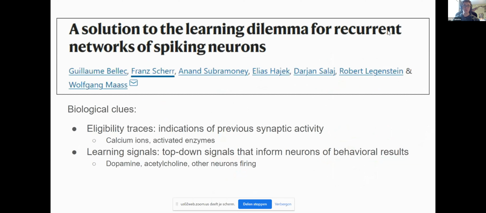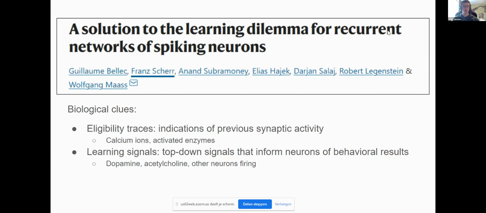Next slide, please. So one solution we found was in this paper, a solution to the learning dilemma for recurrent networks of spiking neurons. They started with two biological clues. One of them was eligibility traces, which means once a synapse has fired, it retains some indication that it has fired, such as a higher concentration of calcium ions or activated enzymes such as CaMKII.